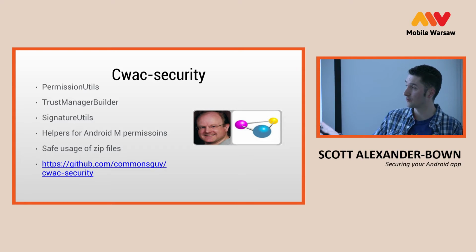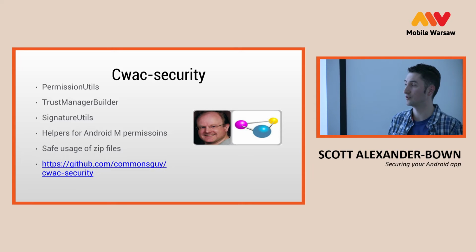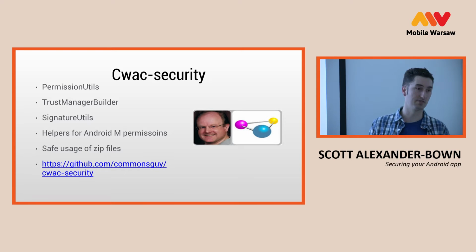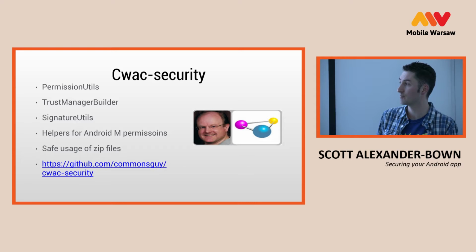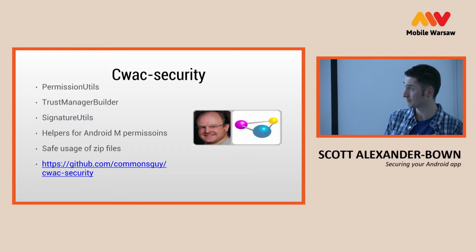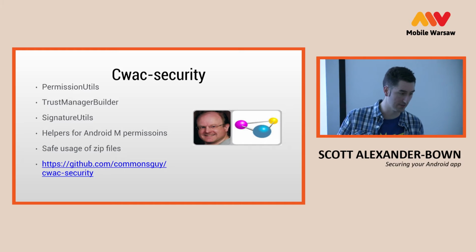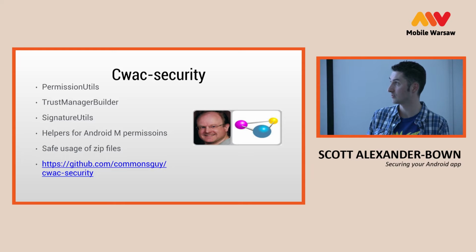There's a bunch of helpers for Android M permissions, and there's also some safe usage of unzipping files. There was a vulnerability found last year which was very bad for unzip, but it has a helper to do that in a nice way. So yeah, worth checking that out if any of that kind of floats your boat, if that's not too much of a British term.